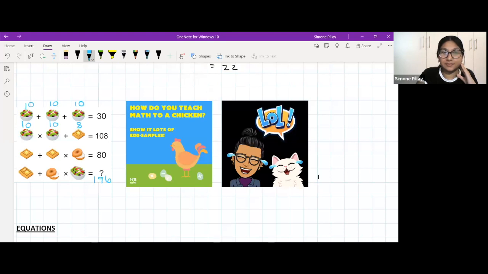Okay, so for the third row, I said 8 plus 8, which is 16. And then I kept playing around with numbers. So I said 18 minus 16 at first, which got me 64. And then I said 64 divided by 2, which got me 32.